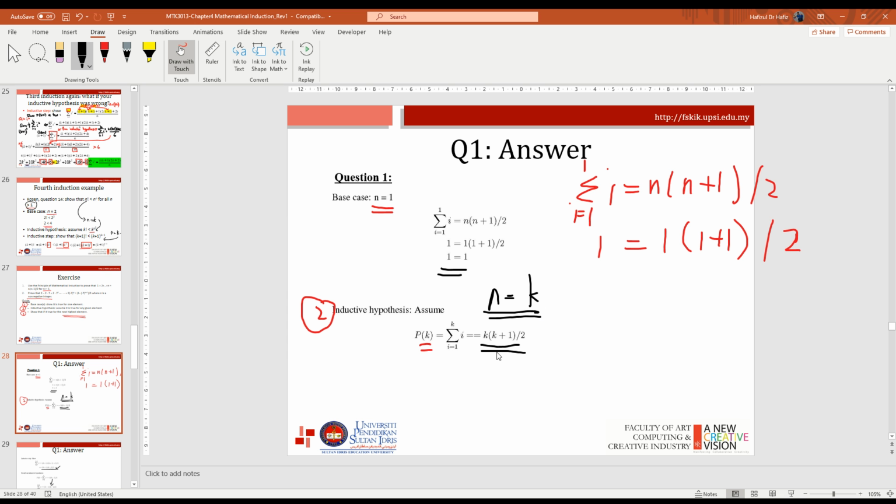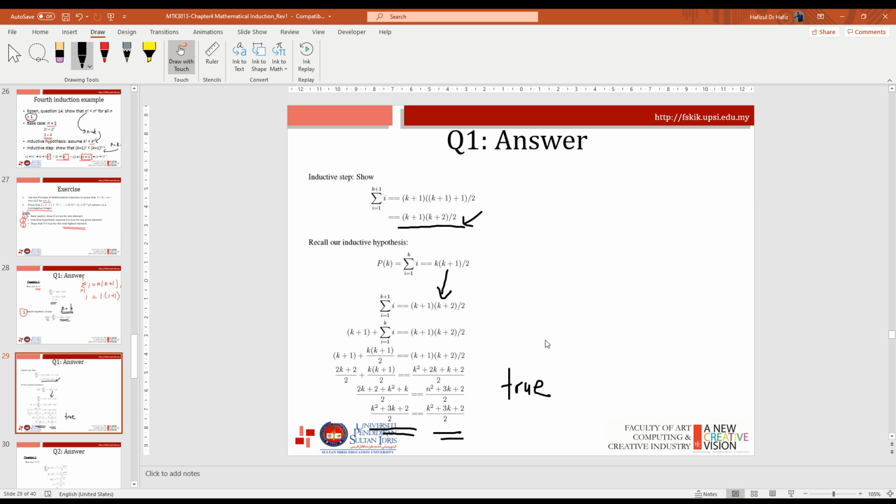We assume k times k plus 1 divided by 2, and then for the inductive step, we recall k we replace by k plus 1. K plus 1 times k plus 2 divided by 2.